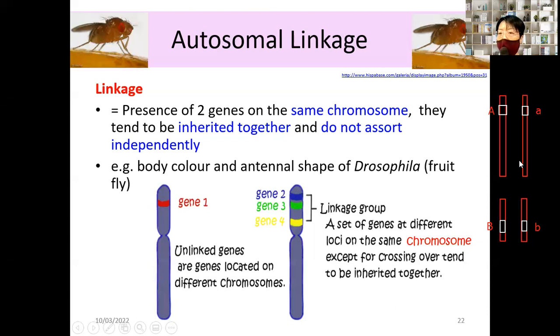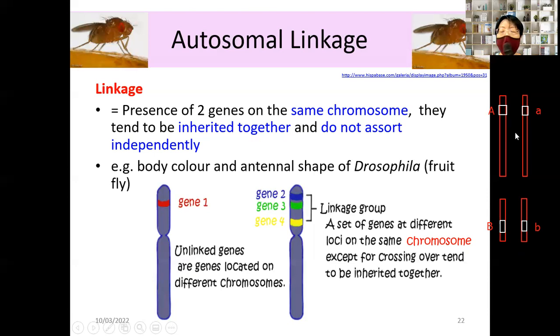So because both pairs of homologous chromosomes can arrange independently of the other pair, then after meiosis, you'll find that you'll get 4 different types of possible gametes, isn't it? You will get 4 different types of gametes, okay? You know how to calculate?